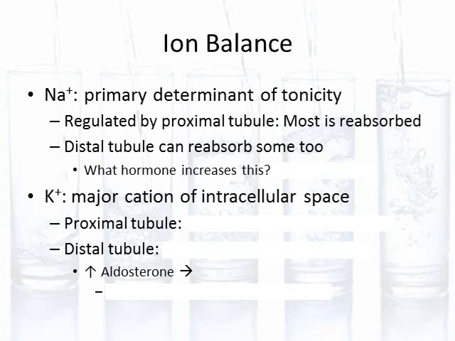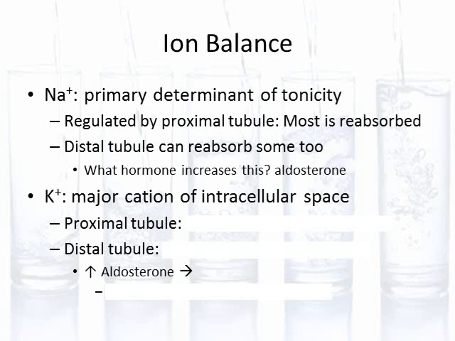And so most of the sodium that gets filtered out of the blood in the filtrate at the glomerulus is going to be reabsorbed immediately right there by the proximal tubule. The distal tubule can reabsorb some too, especially in the presence of lots of aldosterone. And so we'll talk some about that here in a sec.